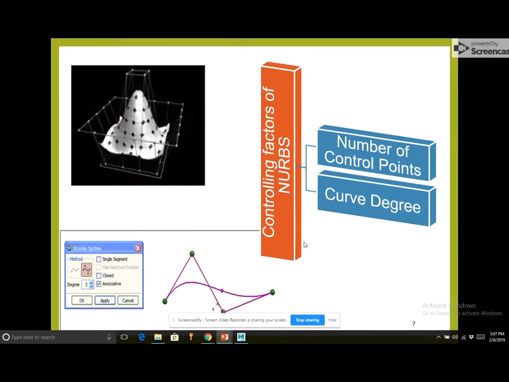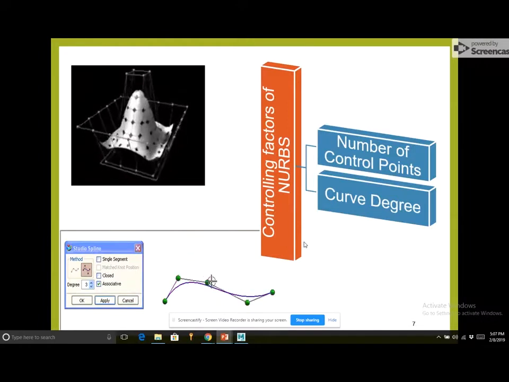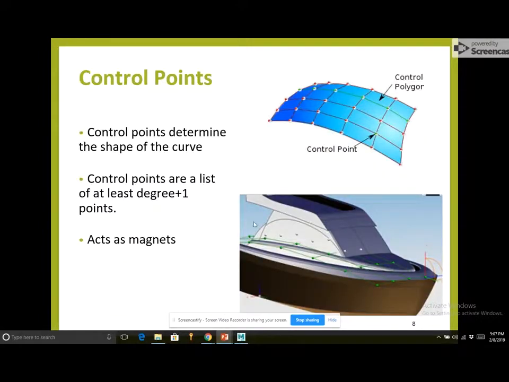So now let us take a detailed look into the control points. These control points play a major role in deciding the shape of the curve. Here we can see the control points in this image as well.